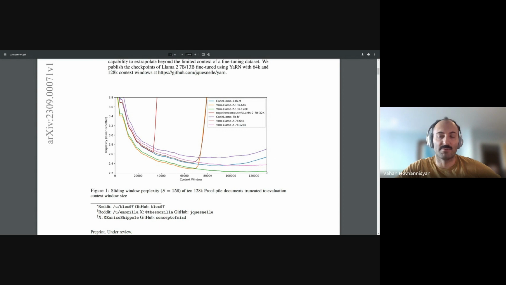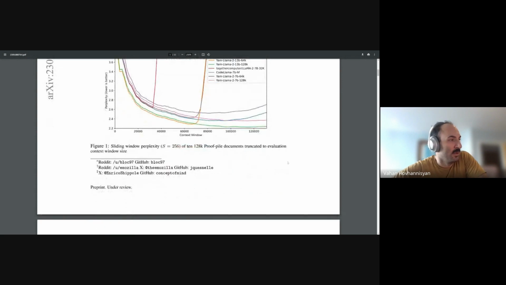They say because of hardware limitations, they couldn't test for larger than this. So this still doesn't solve the problem of extrapolating beyond the trained context window, but it does extend from the original, I think 8K or 4K, to 128K, with small fine-tuning. So that's a good thing.